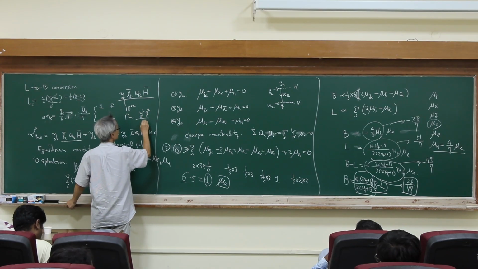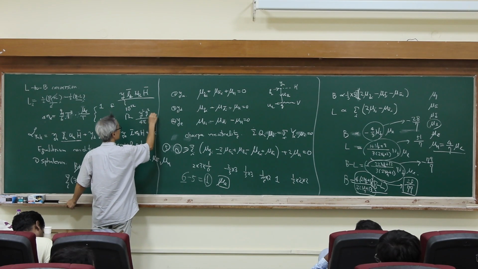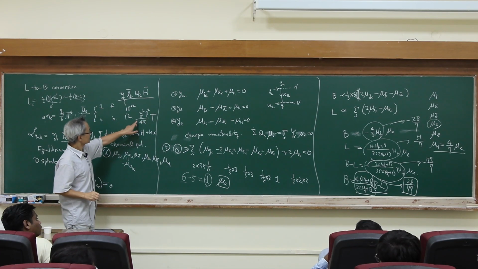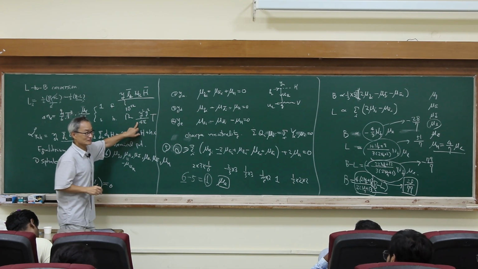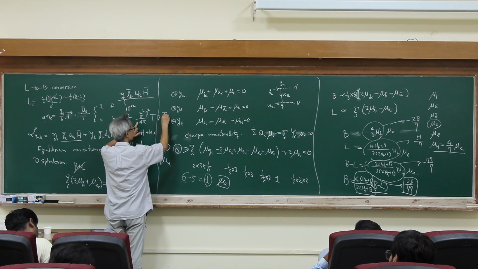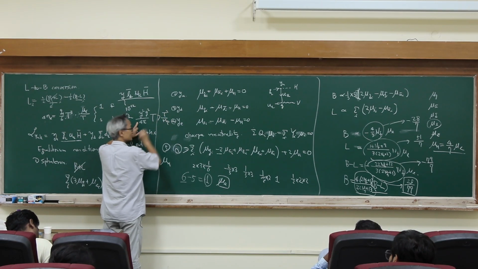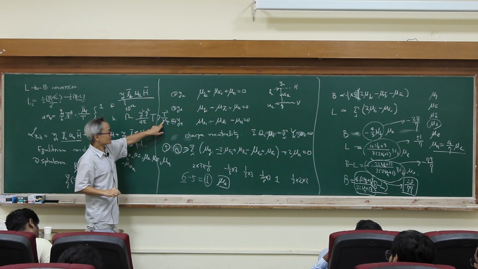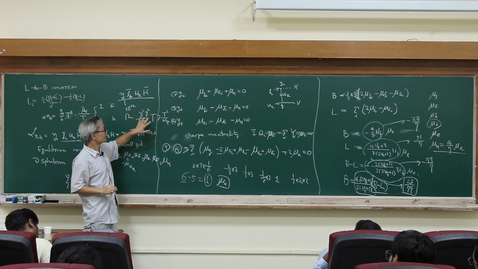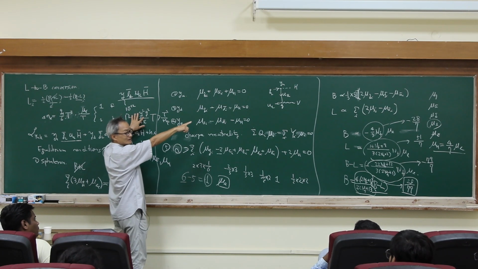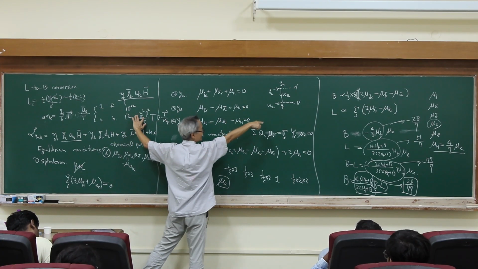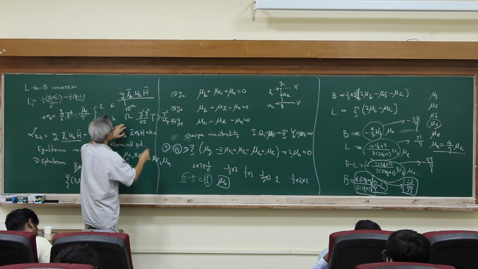Roughly speaking, this is the interaction rate. Let's check whether this can be in equilibrium. If this is larger than the Hubble expansion, then this interaction is in equilibrium. Actually, I was going to talk about this for different Yukawa couplings.